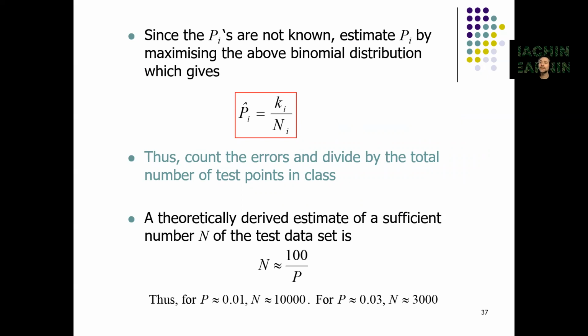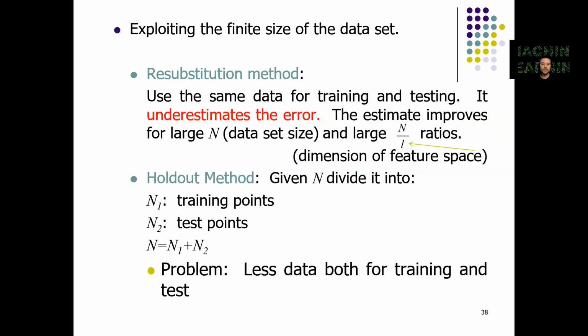So you can get an estimation of the number of test points that you need to make an accurate estimation of the worst case performance for each class. In practice, it depends on the data that you have and whether you can follow these kinds of guidelines, and sometimes it's not possible because you have a limited number of data points. And in general, people try to use large data sets in order to be able to exploit all the information available.